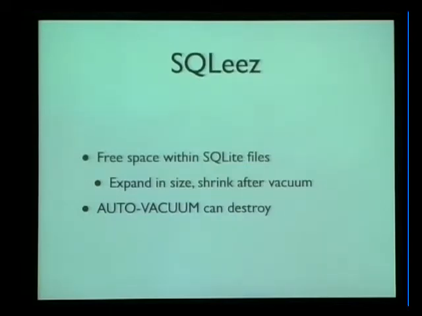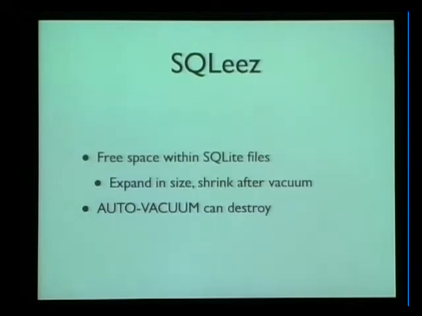If you have a table in SQLite and it grows very big, SQLite will allocate additional blocks and expand the size of that file. If you then drop that table or shrink the size, SQLite doesn't release those blocks back to the system. It keeps the same large size. So you can take an SQLite database, make it very big, drop the table, and then use all of that free space for data storage.